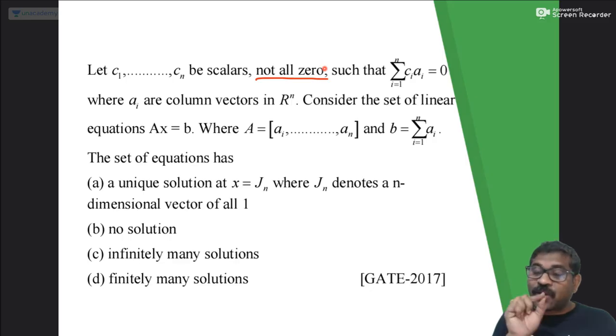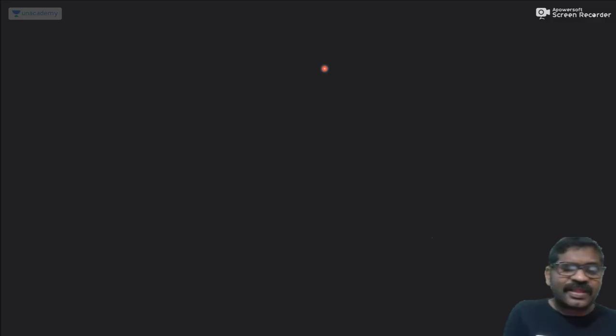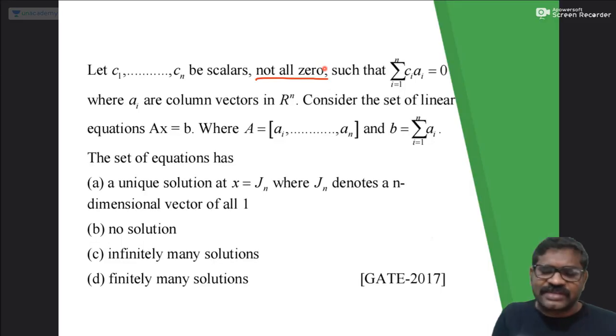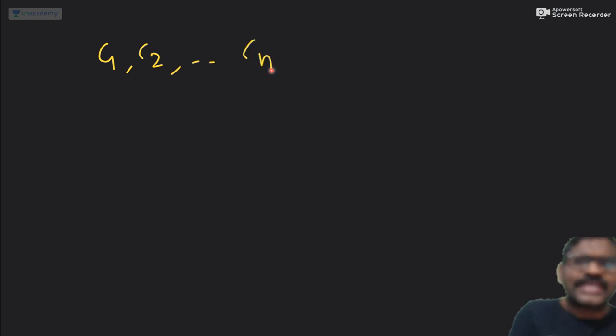Okay, the problem is designed on that definition. Concentrate, while I am explaining. Very simple. Instead of K1, K2, Kn, they have given C1, C2, Cn, be scalars.